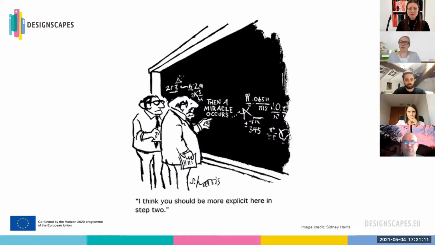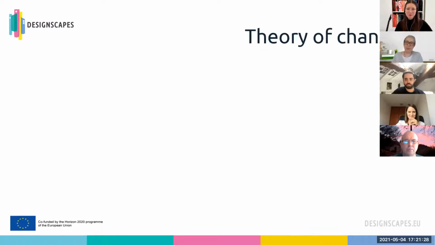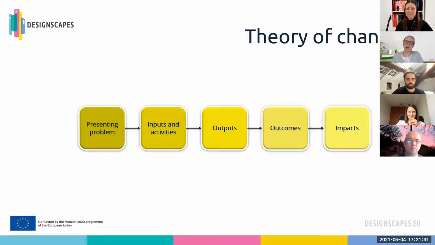So, every evaluator's favorite cartoon, I would say. We're using theory of change, where we're trying to basically unpack the miracle that happens in between us spending a lot of time and money and effort working on something and then producing hopefully some outcomes. And why that's useful, as you all know, is that interventions in particular deal with systemic change, which is I think what we're all doing.